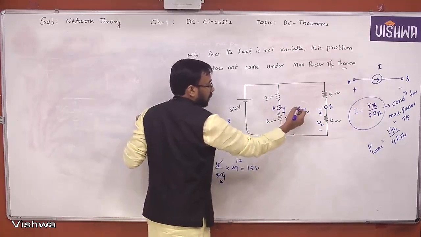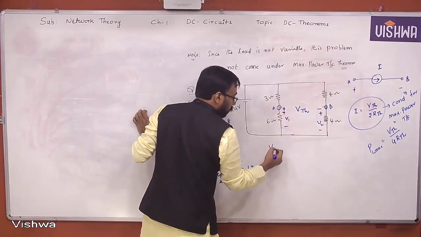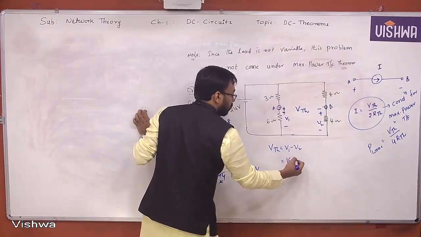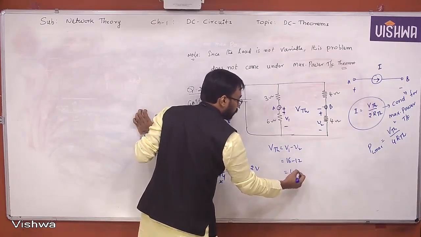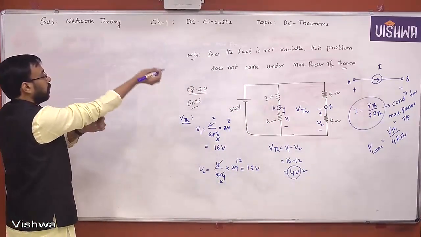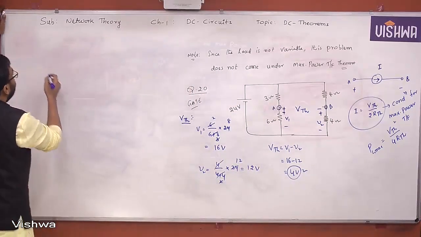Finally VTH is equal to V1 minus V2, 16 minus 12, that is 4 volts.